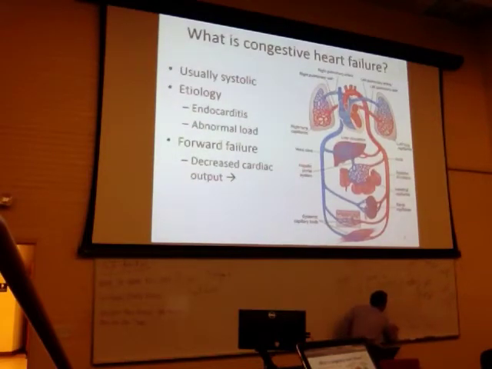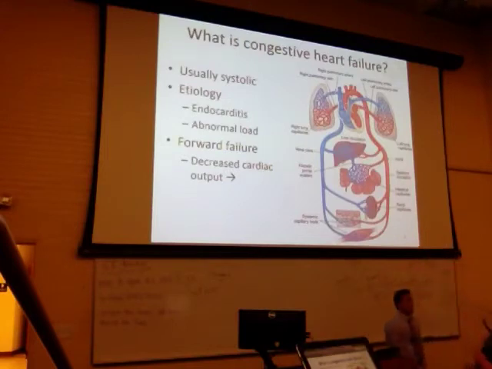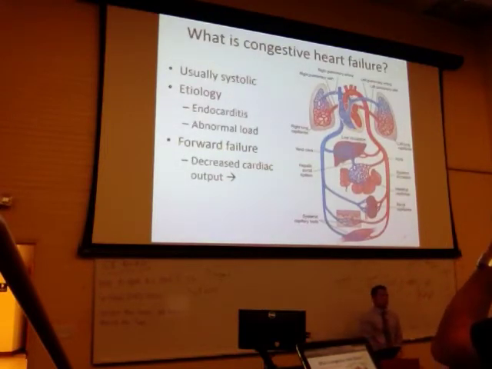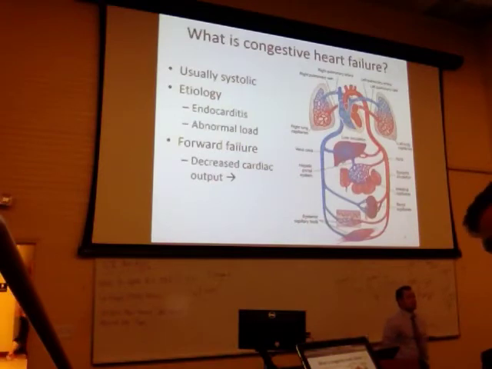Cardiac output is what? Milliliters per minute. Or it could be converted to liters per minute. So it's the amount or the volume of blood that you're pumping out every minute. Or you could calculate out per second if you wanted to. But it's usually expressed per minute, volume per minute, milliliters or liters per minute.